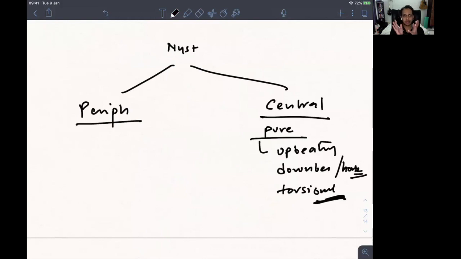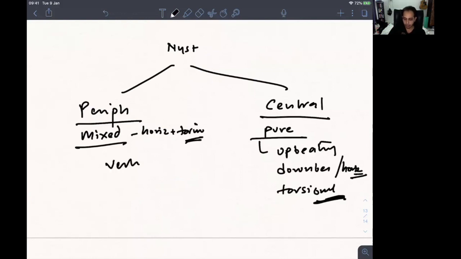So it is in one direction and it is continuous, whereas peripheral can be mixed. It can be horizontal plus torsional, or it can be vertical plus torsional. It is very rarely perfectly horizontal or perfectly vertical.